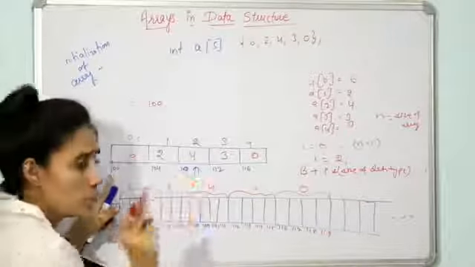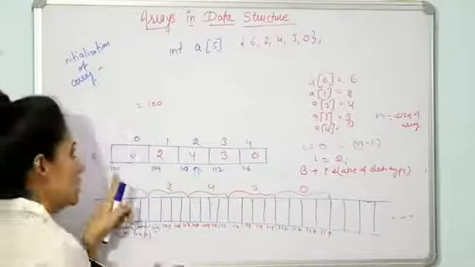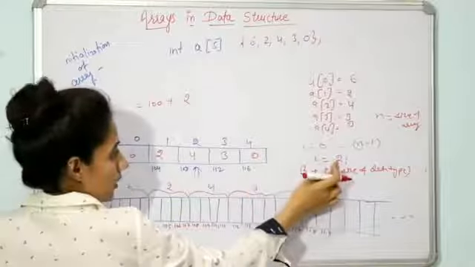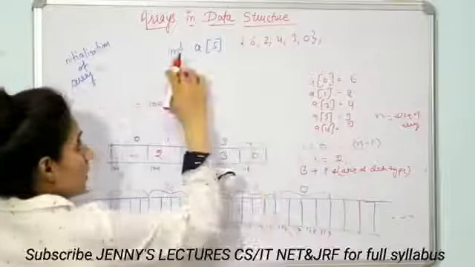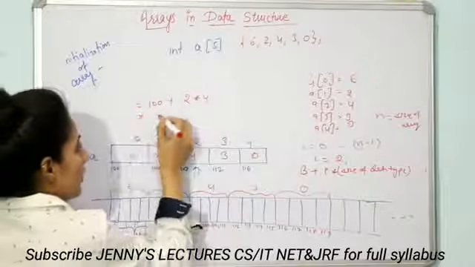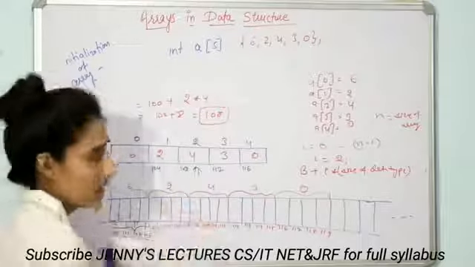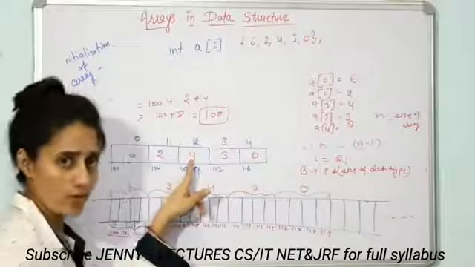These addresses would be in hexadecimal form, but just to make you understand, I am taking integer form. 100 plus I value 2 into the size of data type. The data type is int, size would be 4 bytes. So you take 100 plus 8, that is 108.